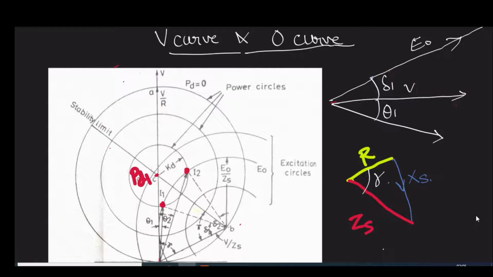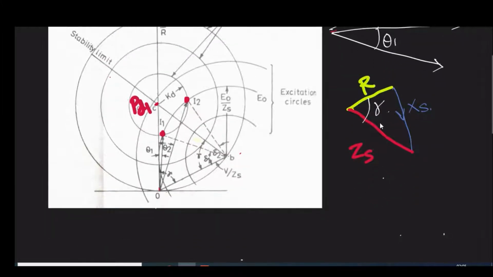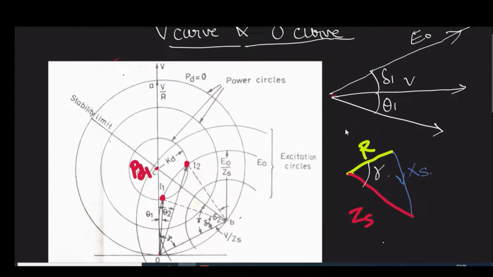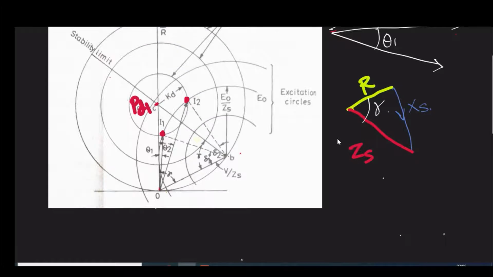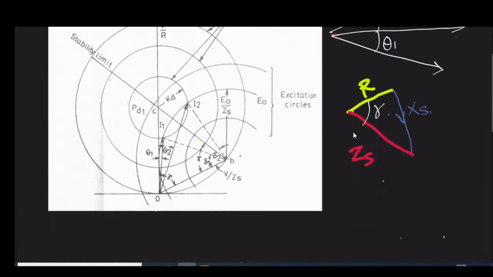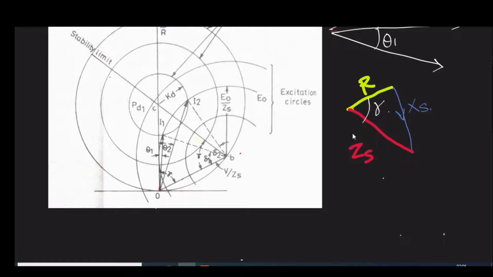Anyway, what these two diagrams I was drawing, and this is very important to note here, this is delta, this is theta, and this is gamma. Gamma and all these are specific to this particular case of this synchronous machine. Now, let me do a small thing.